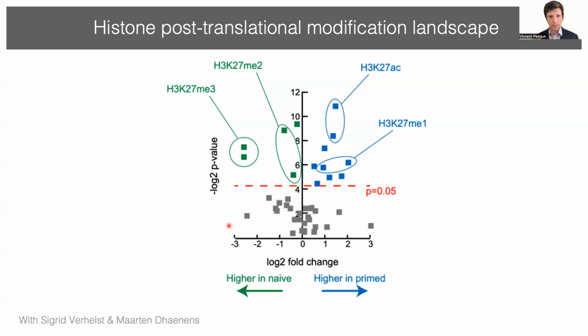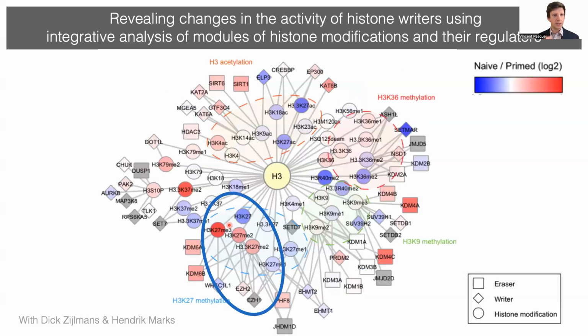So to gain more insights into the relationship between the abundance of chromatin factors and histone modifications, we integrated the chromatin proteome data with the histone modification data by linking writers and erasers of chromatin modification with the respective histone modifications. And in most cases, we saw similar trends between the modifiers and the marks, but not always.